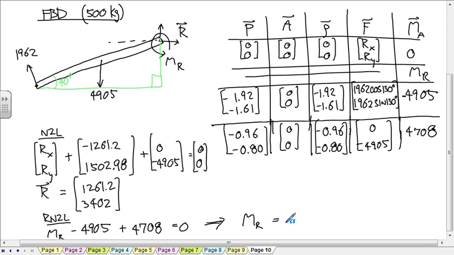So MR is equal to negative 197. Oh, 49, yeah, sorry, you're right. So add those together and you get negative, and then move it to the other side and you get positive 197. And these are in newtons.